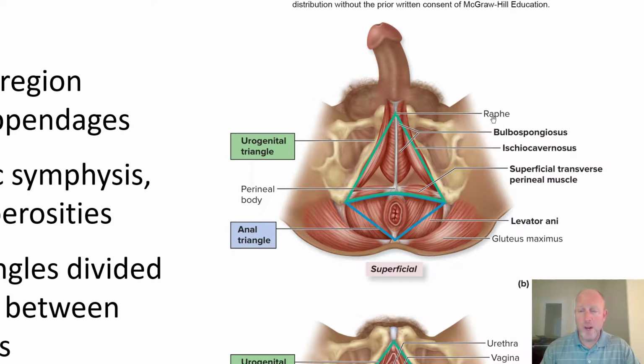Then we have our raphe, our bulbospongiosus, the ischiocavernosus, and our superficial transverse perineal muscle, levator ani, the gluteus maximus, the anal triangle, and of course a perineal body here.